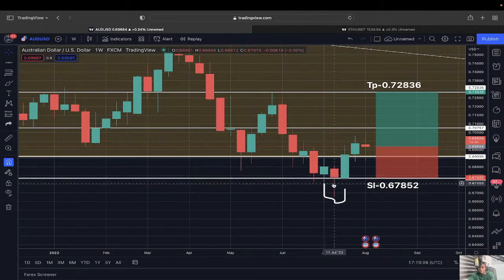With this confluence of a pin bar at a demand zone, look at the next two candles after the pin bar.